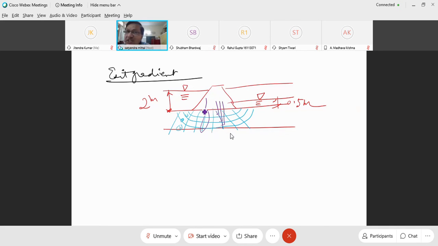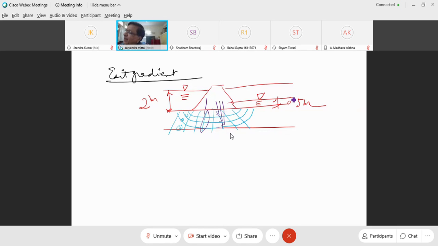So the equipotential line is the imaginary line joining the points of equal potential. Potential means the rise of water in the piezometer. If I join those points, that line is called the equipotential line.